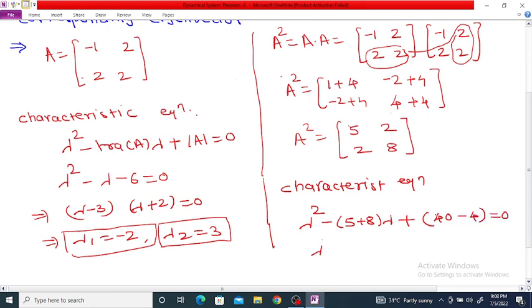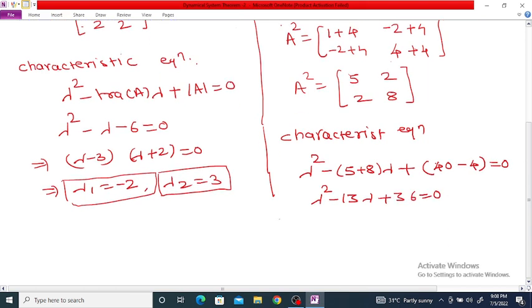So this is lambda square minus 13 lambda plus 36 equal to 0. If we simplify this, its roots are lambda minus 9 and lambda minus 4 equal to 0. So this implies lambda is equal to 4 and lambda is equal to 9.